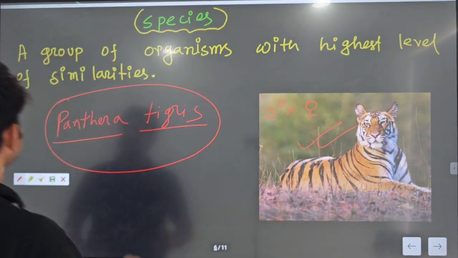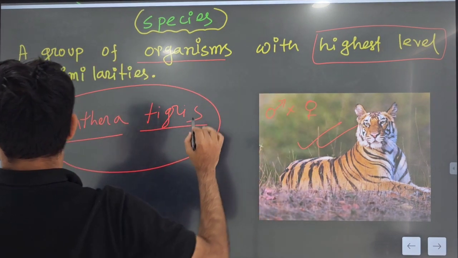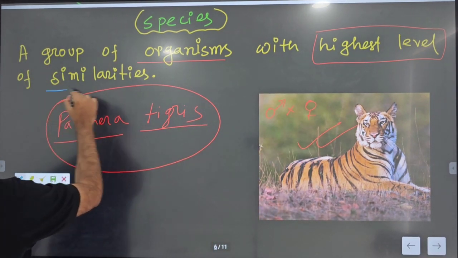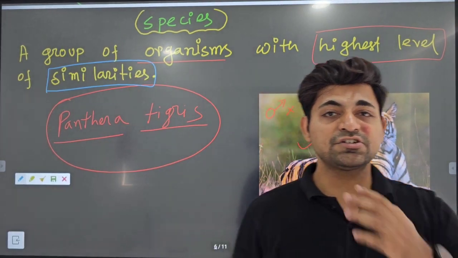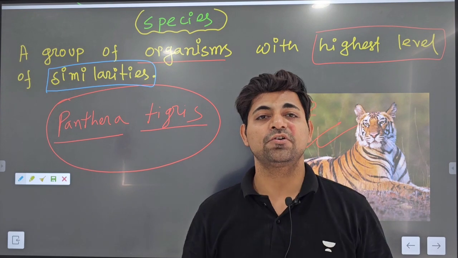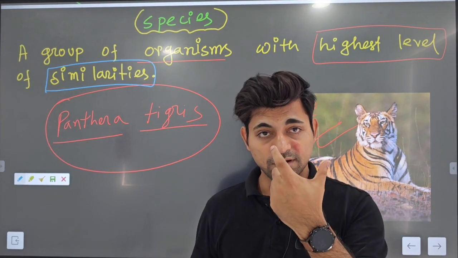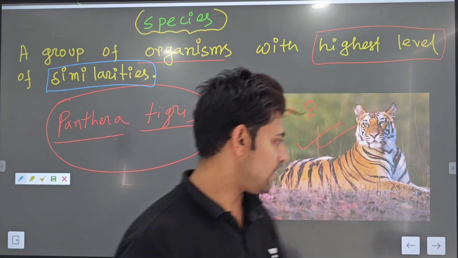So what is the definition of species? A group of organisms with the highest level of similarities, who are naturally inbreeding, and capable of producing fertile offspring.